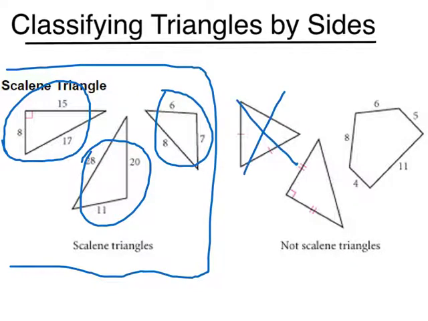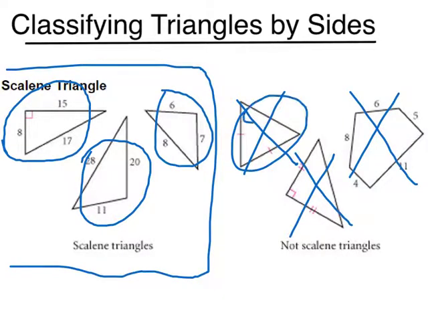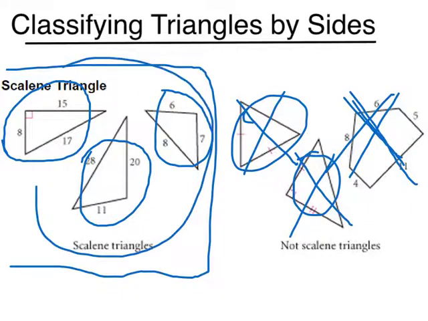So we've got an equilateral triangle, an isosceles triangle, and then this is not even a triangle. These are not scalene triangles because we've got 3 sides equal here, 2 sides equal here, and this is not even a triangle. So none of these are scalene triangles, but these three right here are, because they're all different numbers. Alright, let's look at some examples.